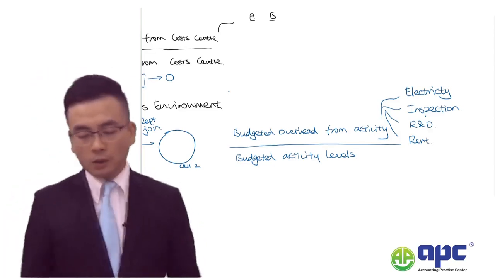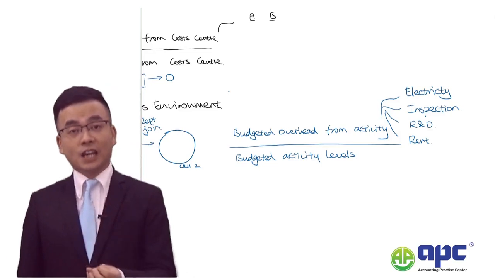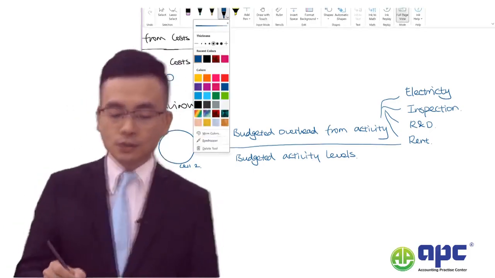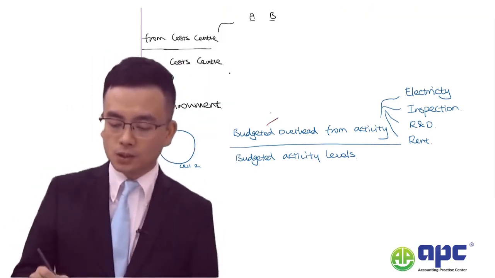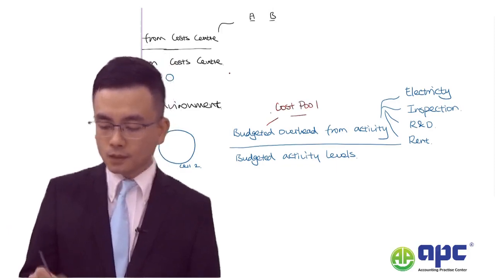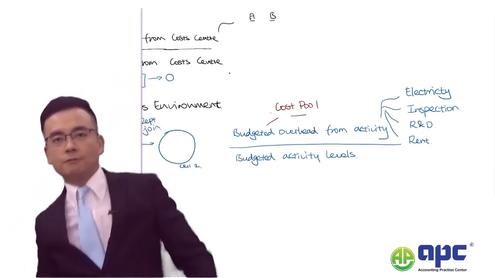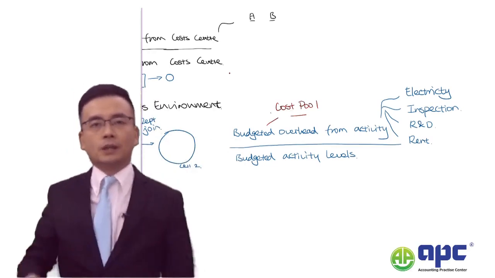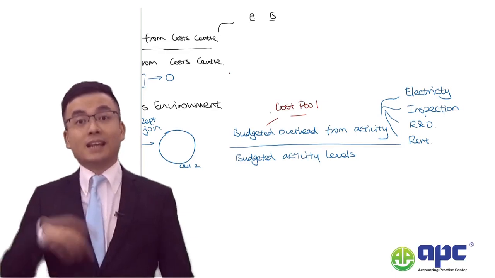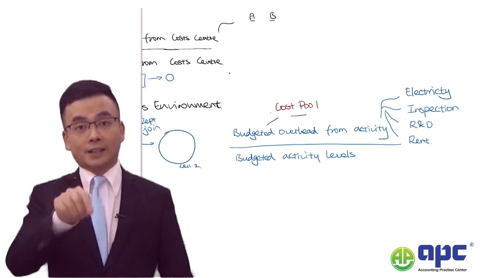Okay. Now, as we can see there, we need to estimate for each activity the budgeted overhead. Here we are using the term cost pool. Imagine that there's a large pool in front of you, and we are throwing things inside the pool. This means we need to consider the input or effort made by each of the departments into a single activity.